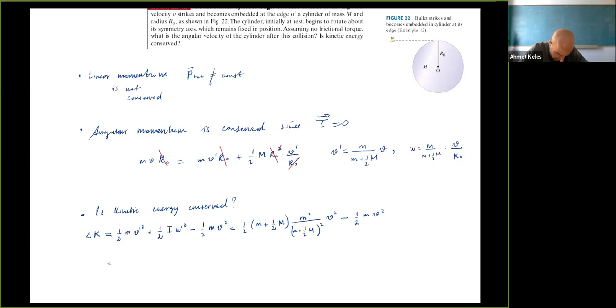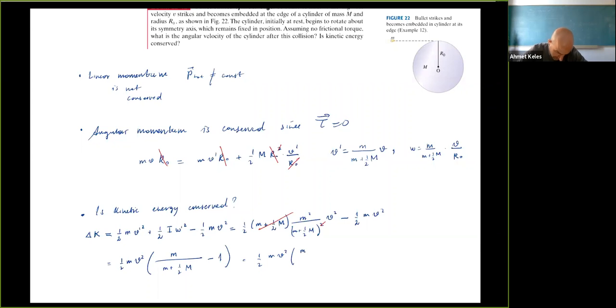I can take out 1/2 m v squared as a common factor. I see some cancellation here. I took m outside, so this is m divided by m plus 1/2 m, minus 1. This is equal to 1/2 m v squared.